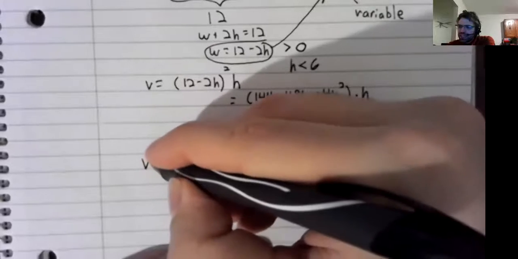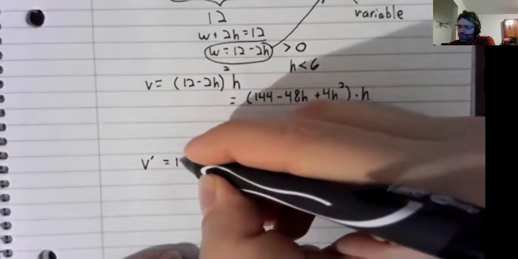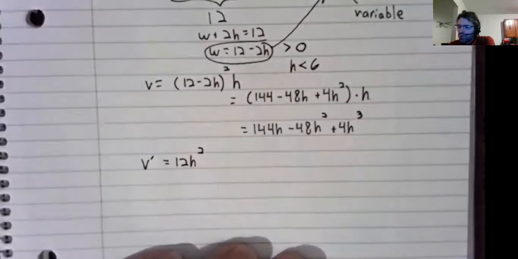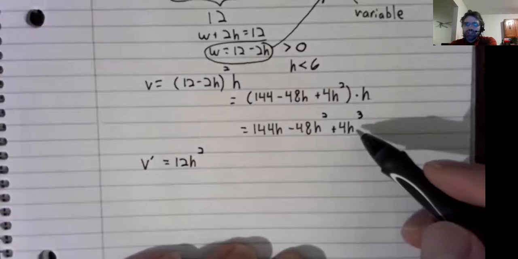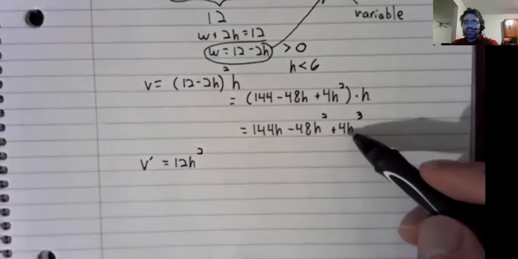And now we can take the derivative without using the product rule or anything like that. I'm going to write this in a different order as I take the derivative.